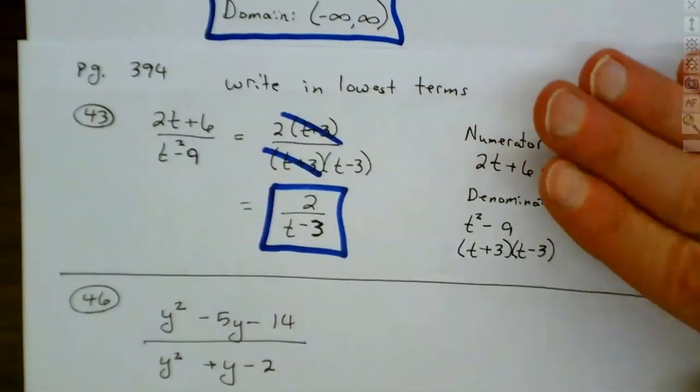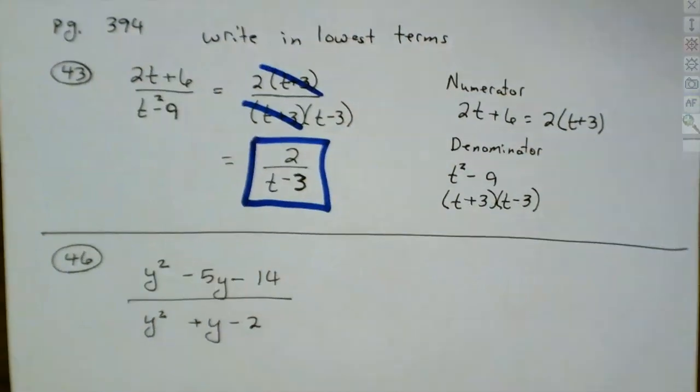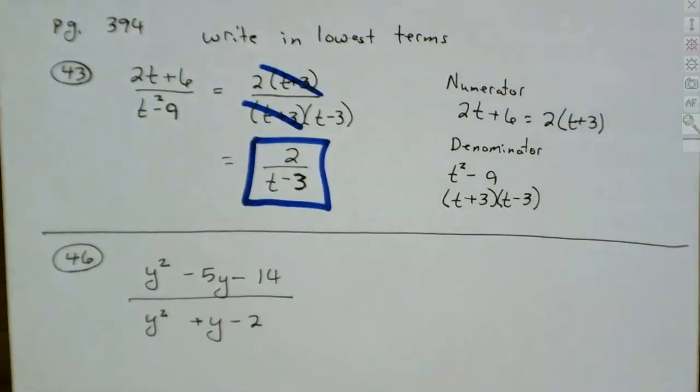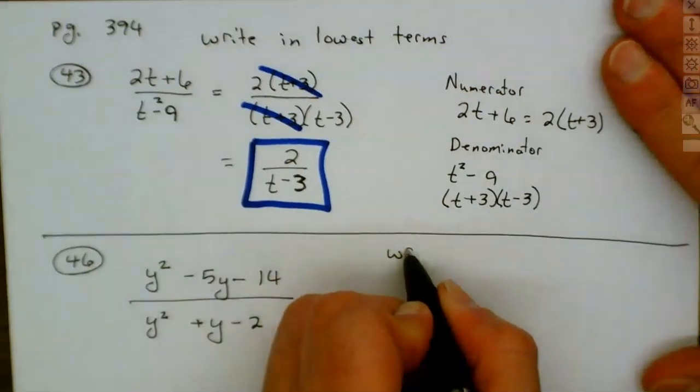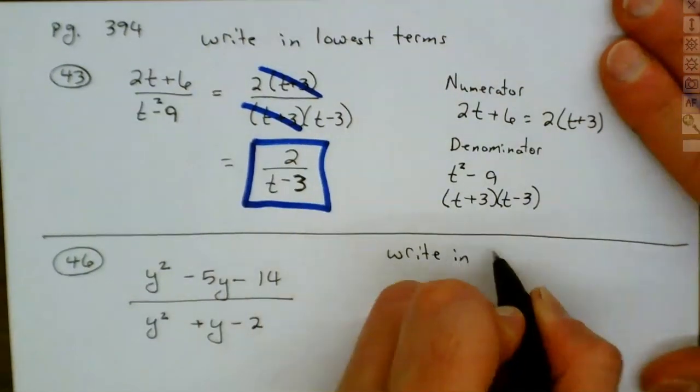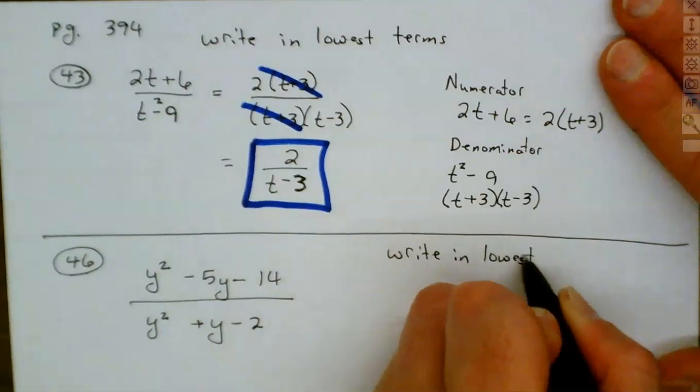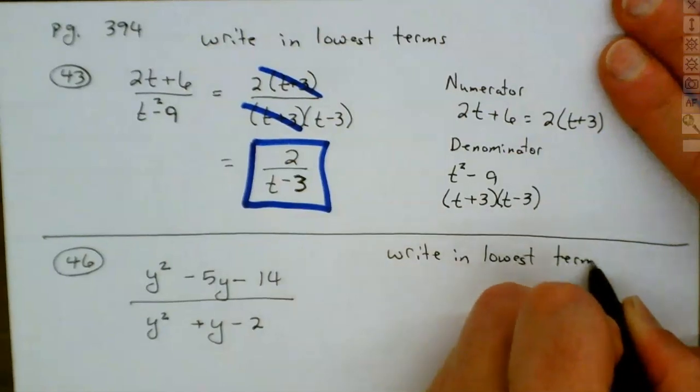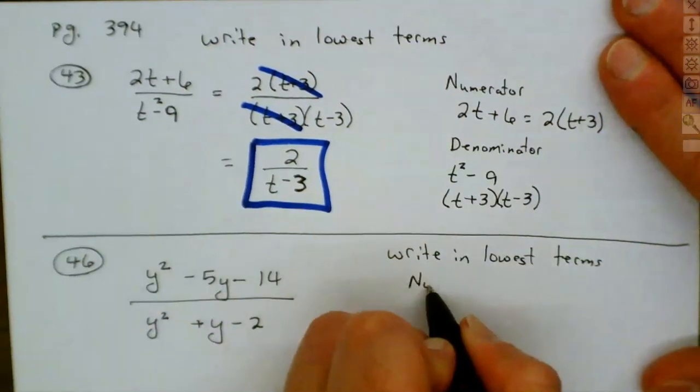And again, we're going to try to write this in the lowest terms. That's going to be our goal, is write in the lowest terms. And we're going to work with the numerator.